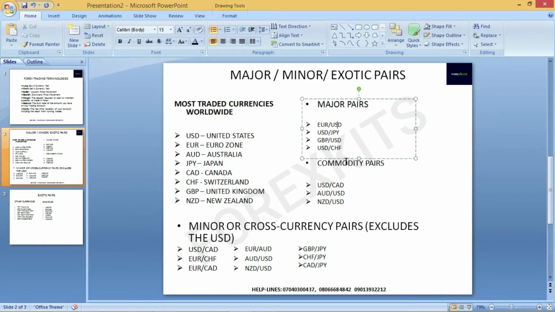You might ask some people what the major pairs are, and they'd list out 7 pairs to you. The other pairs that they add there are the commodity pairs. The major pairs are basically free floating pairs that are affected by supply and demand. Other than that, the only thing that affects major pairs would be the effect of the central banks.